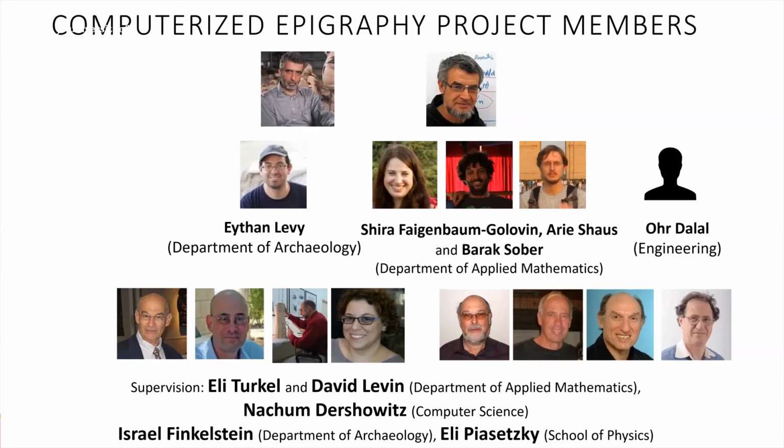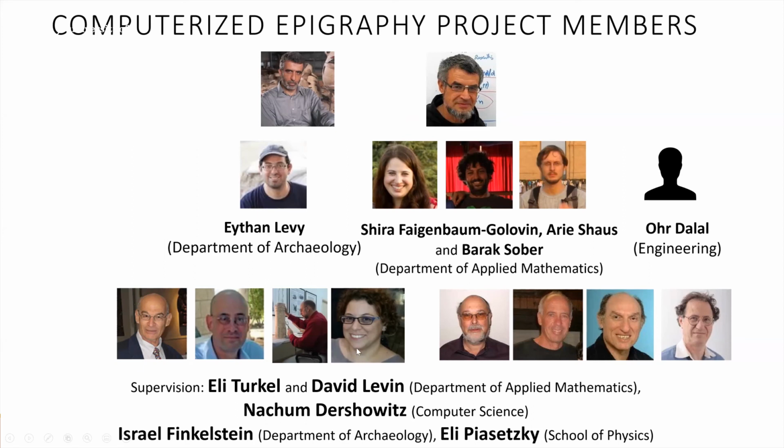So this is a long-running project, a short introduction to how it began and where it started, when Israel and Eli decided to do something about those ancient Ostraca. They recruited 3 enthusiastic master students, who later became PhD students. Along the way, we had many collaborations.